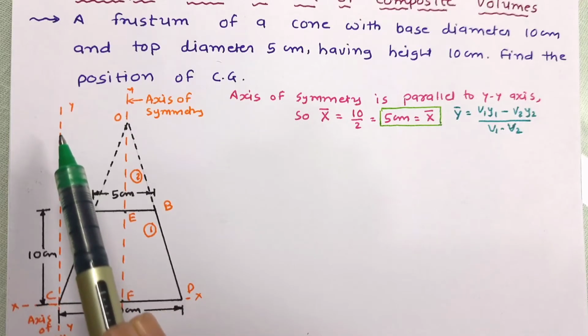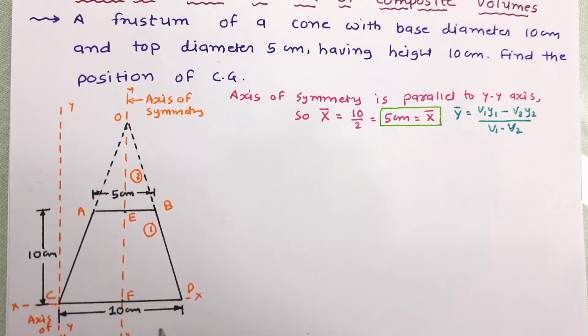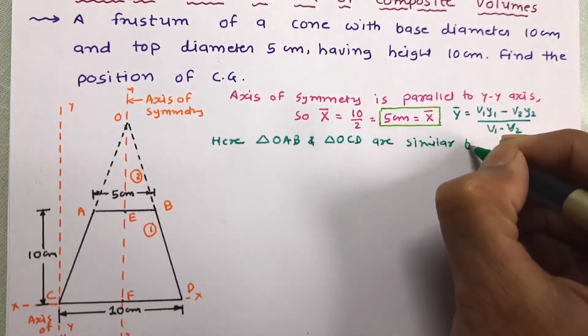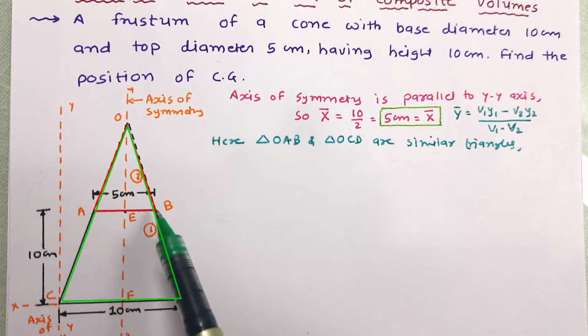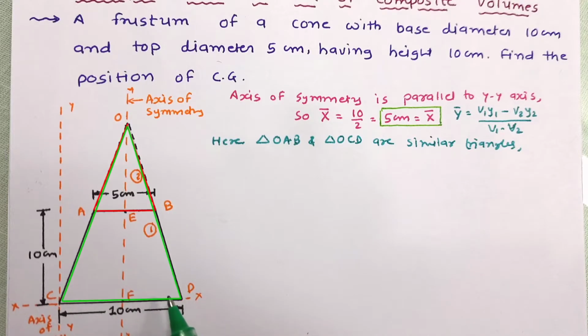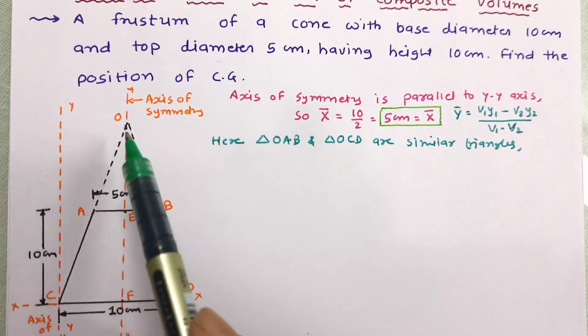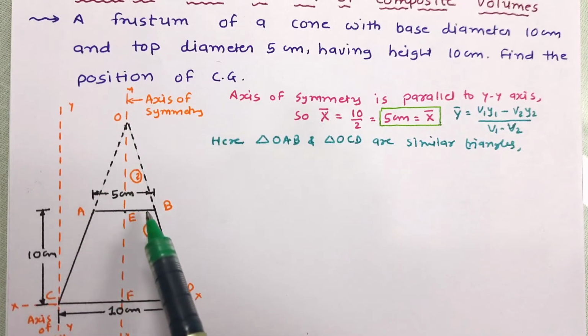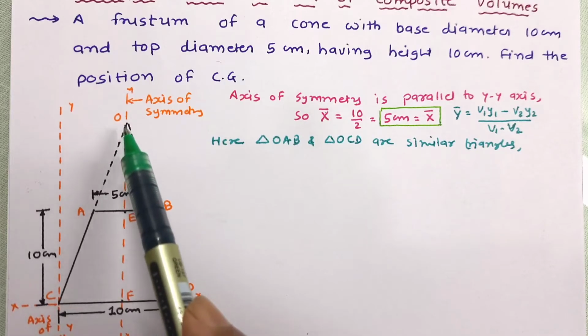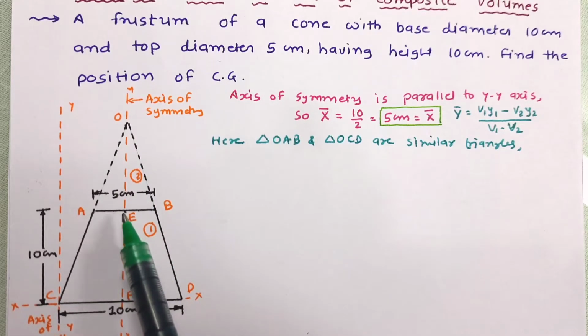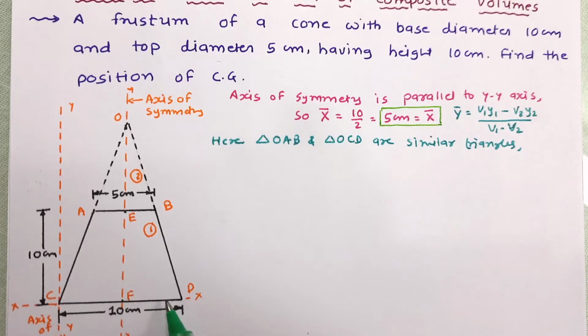So let us work it out first using similar triangles. Here triangles OAB and OCD are similar. For similar triangles, the ratio of base and altitude remains the same. So we can write AB, the base of the top triangle, divided by the altitude of the top triangle OE, equal to CD, the base of the complete cone, divided by OF, the altitude of the complete cone.